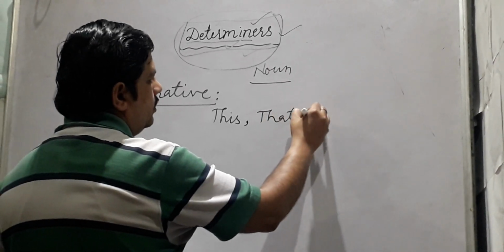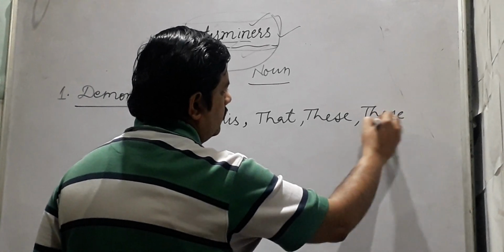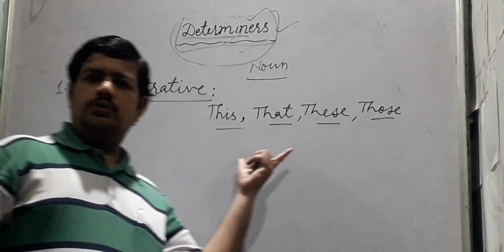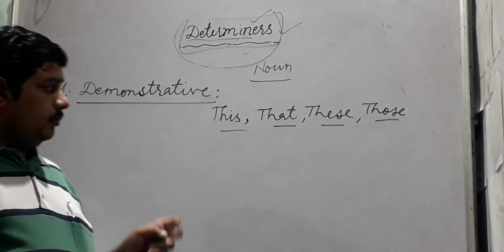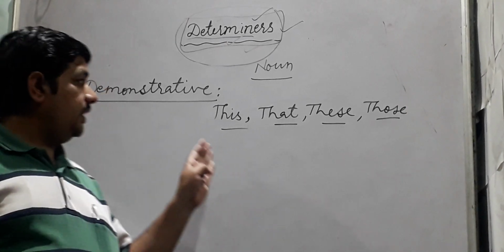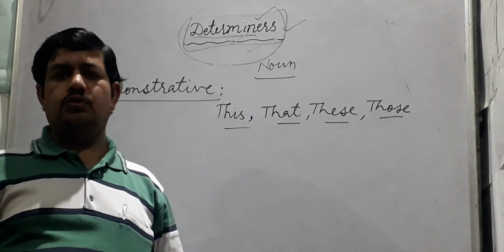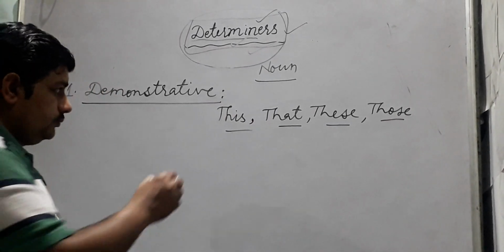There are basically four words that we use for demonstratives. The same four words we use as demonstrative pronouns also, but the same words can be used as demonstrative determiner or demonstrative adjective also. I'll tell you the difference between these two.